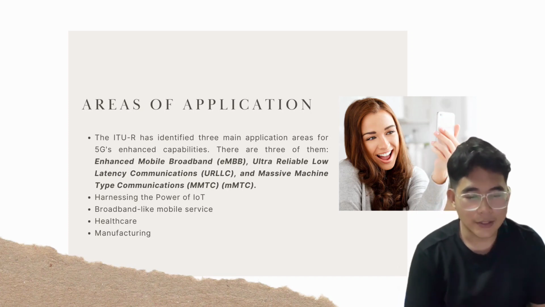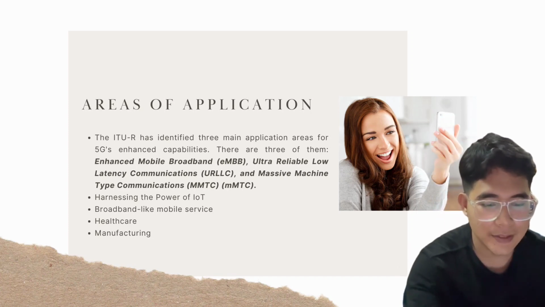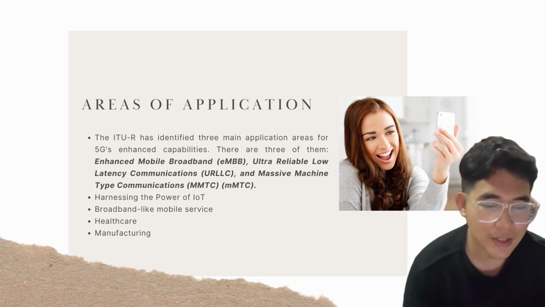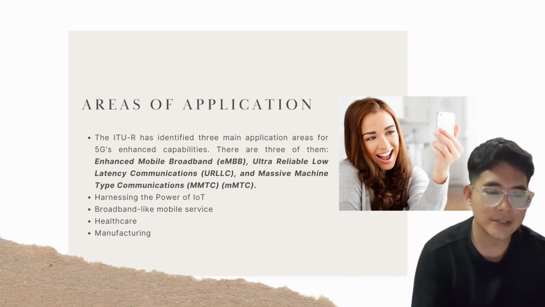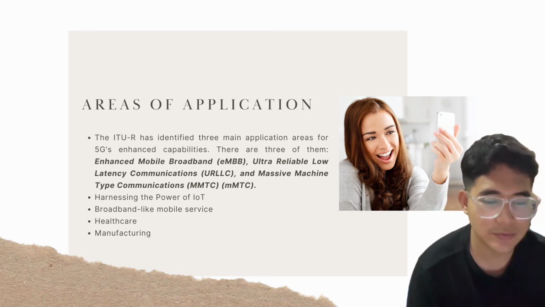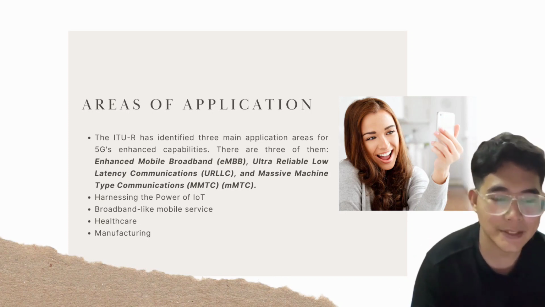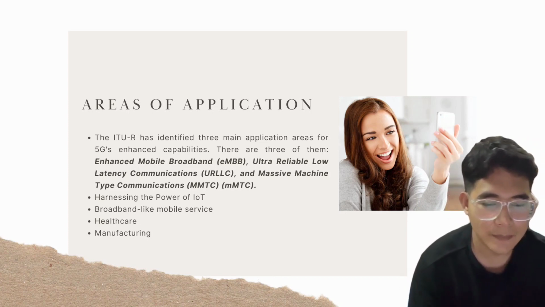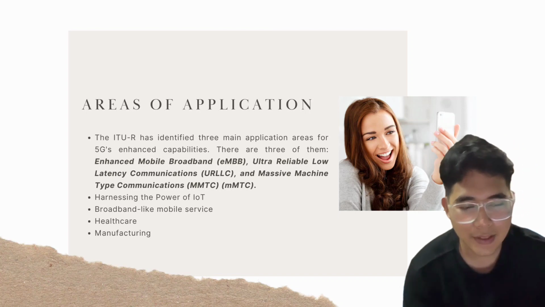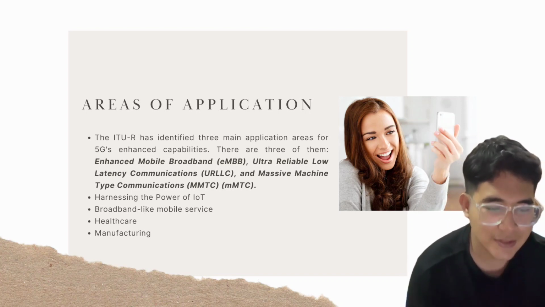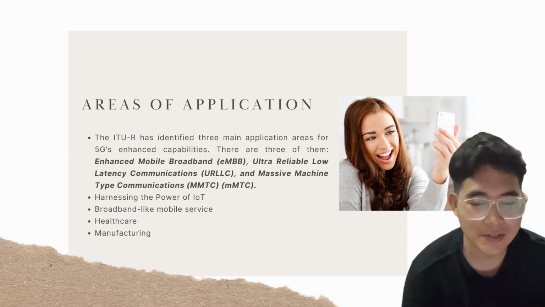Okay, so the areas of application for 5G. The ITU has identified three main application areas for 5G enhanced capabilities. There are three of them. The first one is eMBB, URLLC, and mMTC.